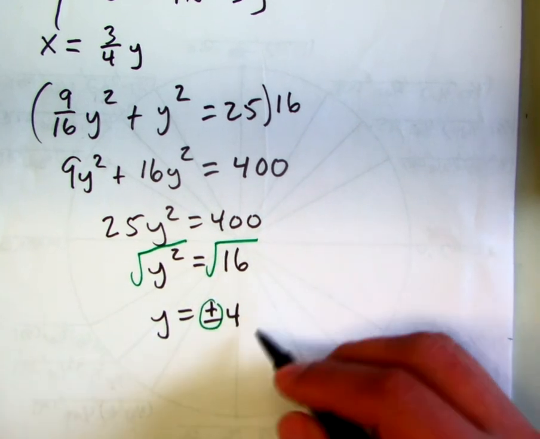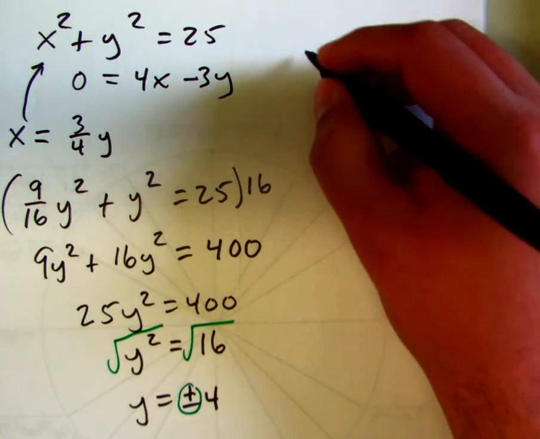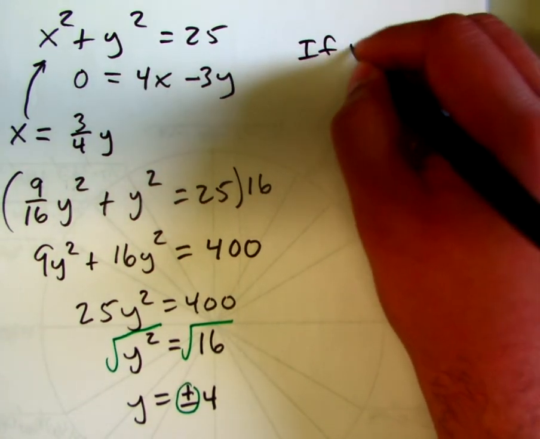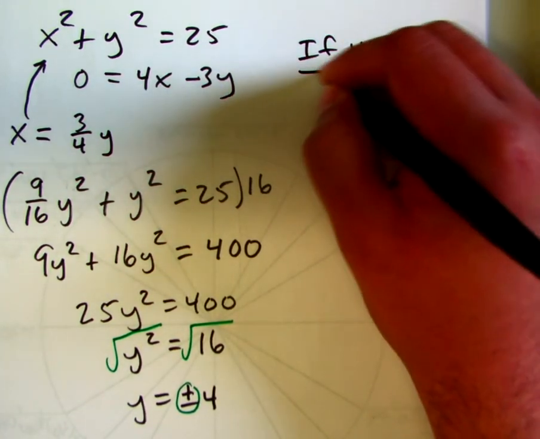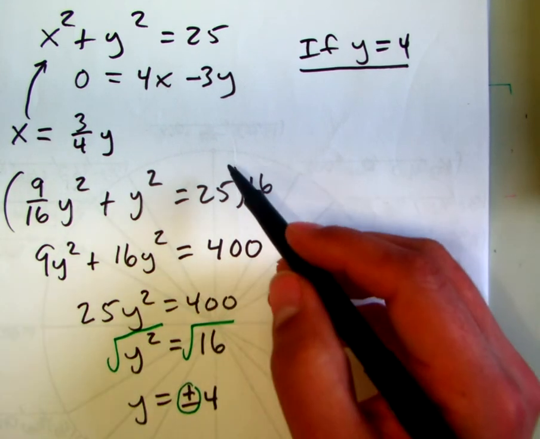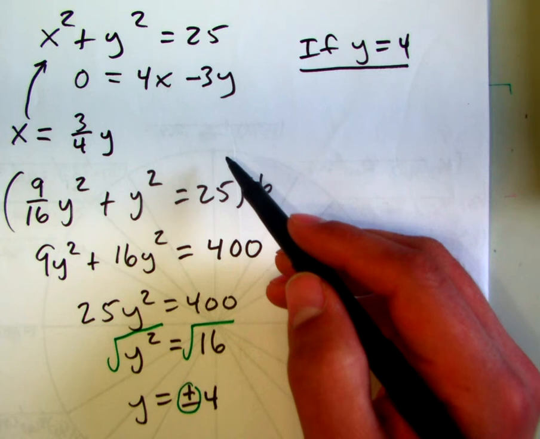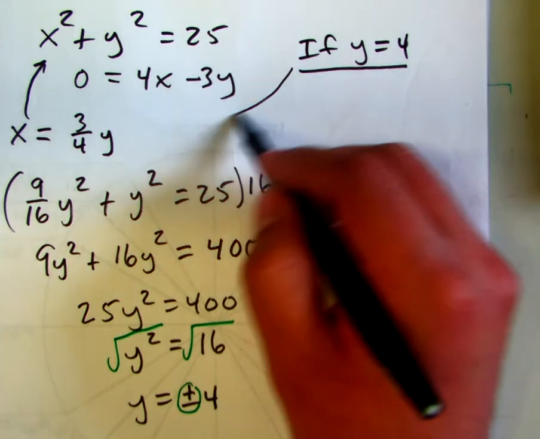All right, so we do the same thing we did in the first problem. We do case by case. If y equals 4, which one should I plug it into here? X equals 3 over 4, right? Now we got x alone.